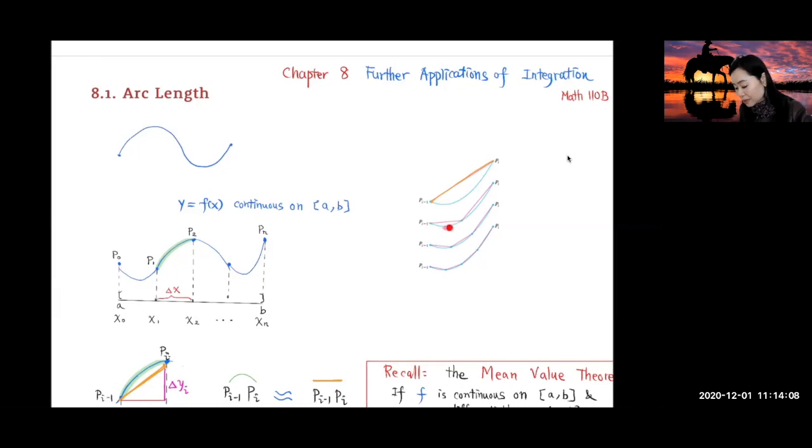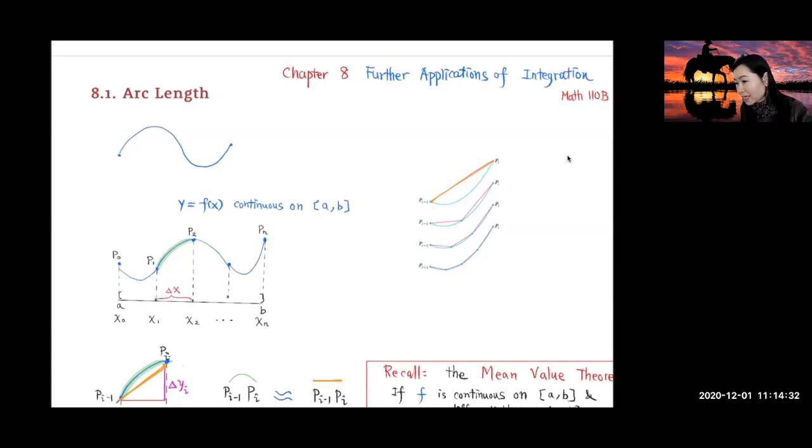I divide it into two arcs, and approximate this arc by this segment, and this part by this segment over here. If I sum up these two segments, that will be a better approximation to the arc, right?